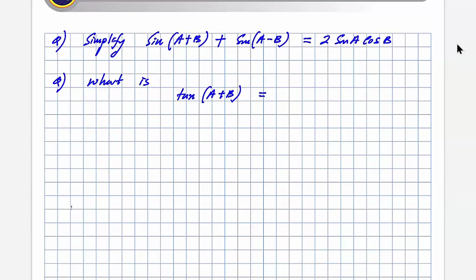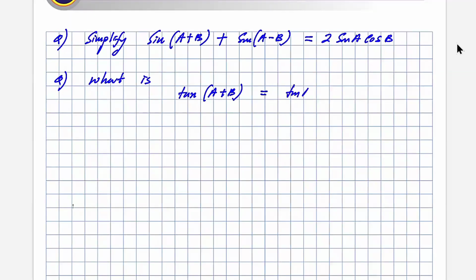Spontaneous means like this. Okay, tan A plus tan B divided by 1 minus tan A tan B.